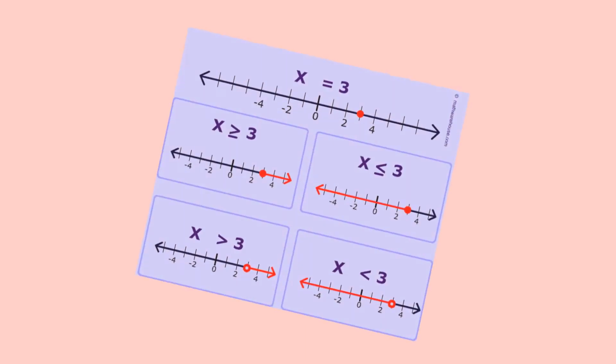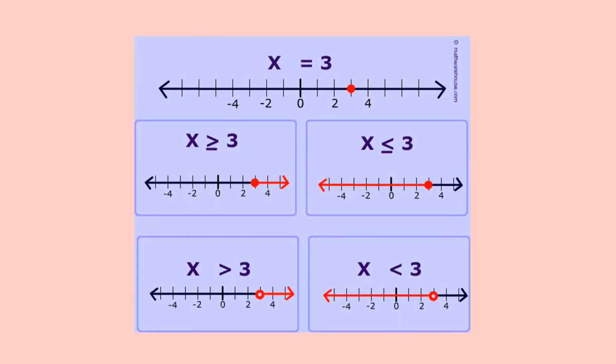You can refer to the picture and get some idea about the symbols we are using in inequalities. If it is x equals 3, we just plot a point on the number line. But if it is x is greater than or equal to 3, then the bulb should be closed.